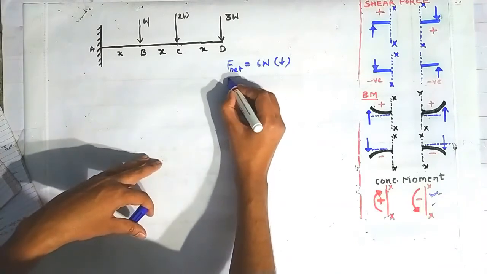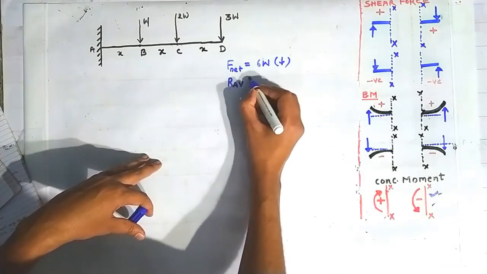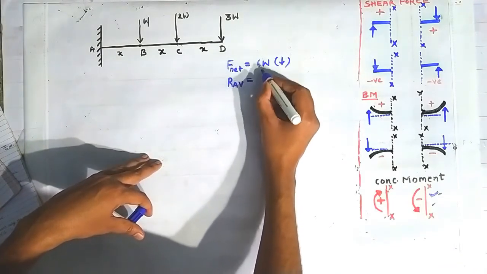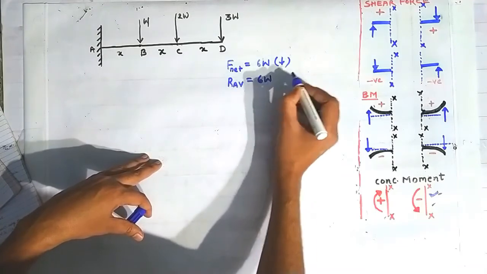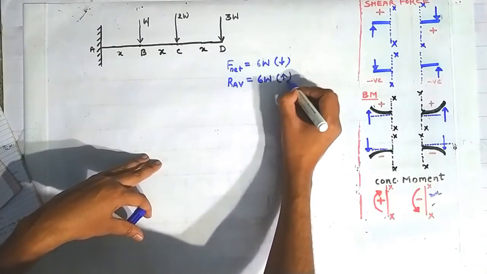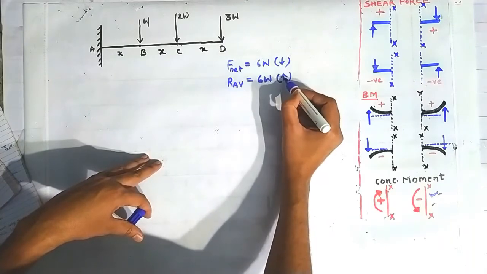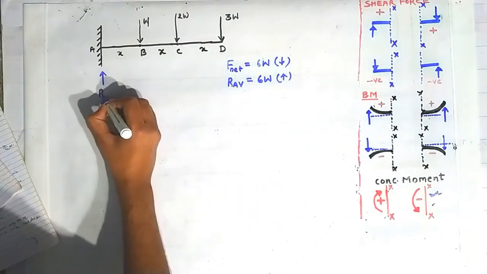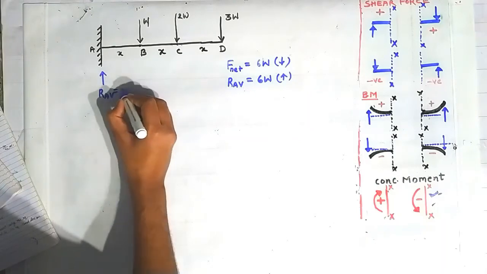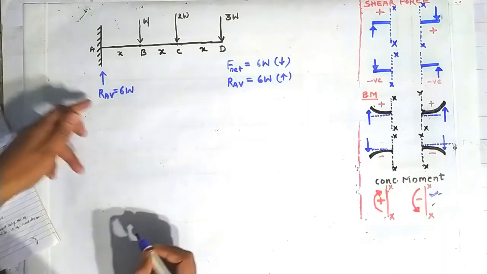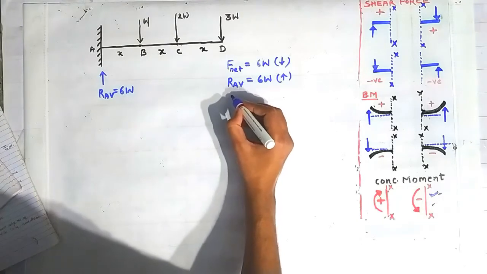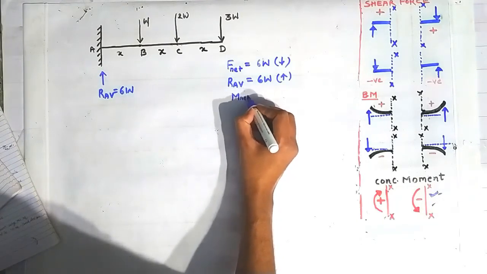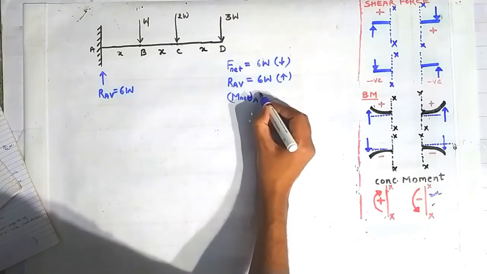The reaction at the point A in the vertical direction will be equal in magnitude to this F net, 6W, but opposite in direction, that's why going vertically upward. So the reaction at the point A in the vertical direction is 6W going vertically up.